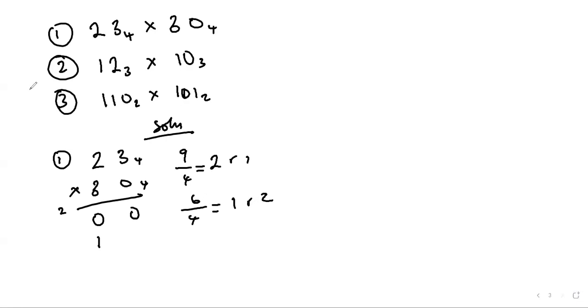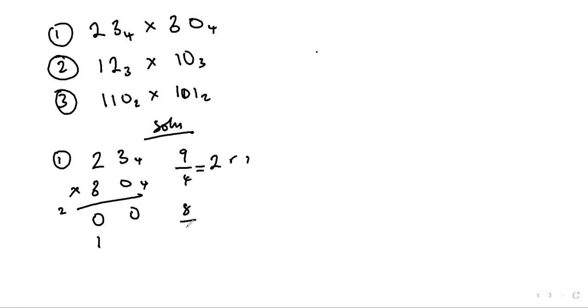Oh, sorry, before we do that: 0 times 3, 0. 0 times 2, 0. 3 times 3, 9. 9 divided by 4 is 2, remainder 1. You write the remainder 1 and carry 2, okay? Then 3 times 2 is 6, plus the 2 we carried, which will be 8.